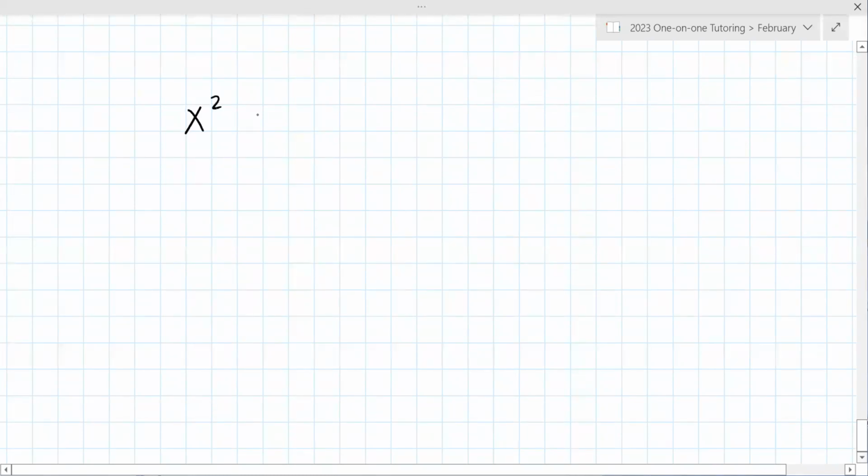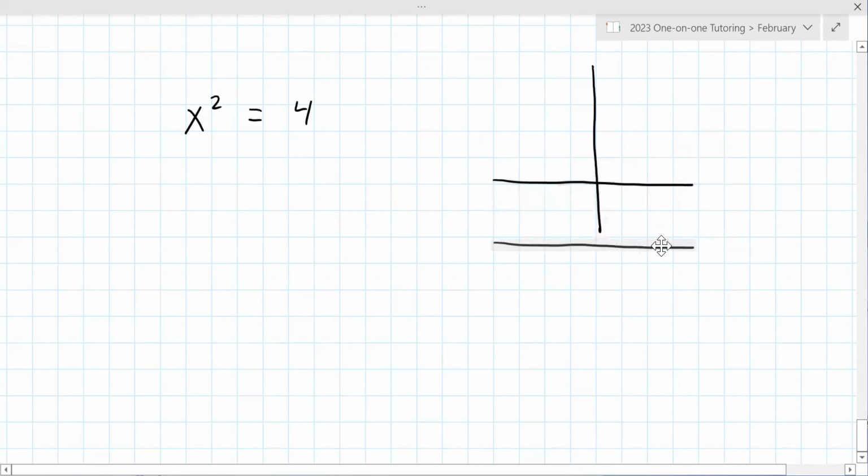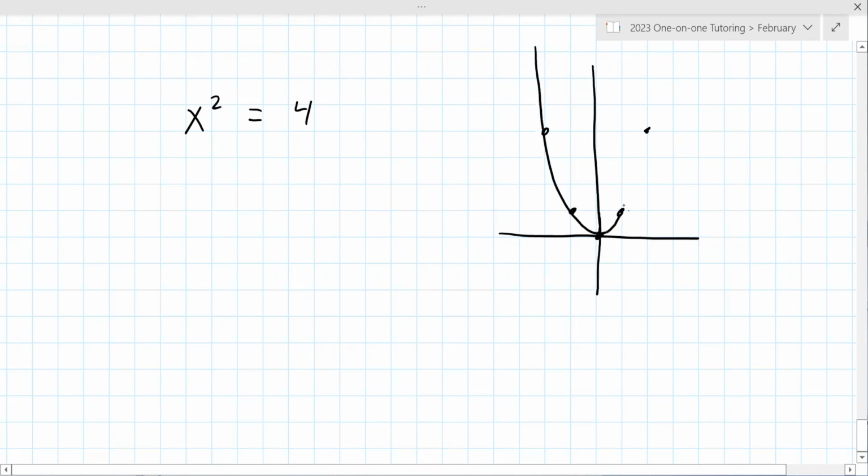x squared equals 4. Here's a graph of that. Let's change this a little bit here. The graph of x squared looks like this, and it hits here.